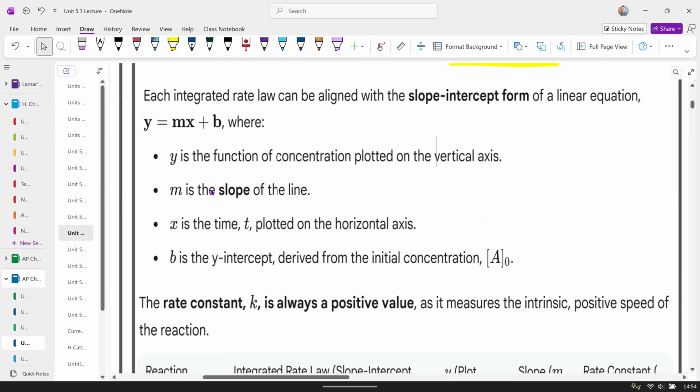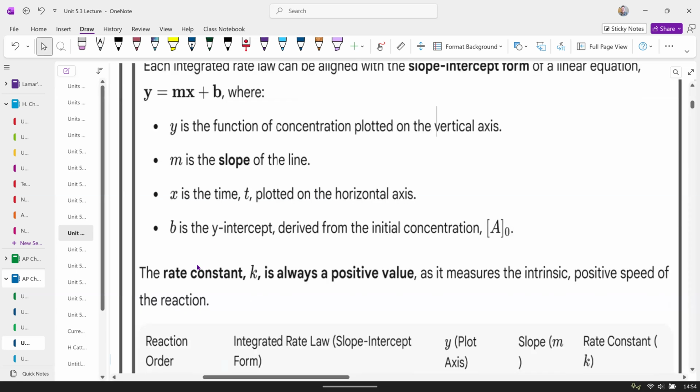We talked about the value of m being k, and we can determine the value of the rate proportionality constant as being the positive value of the slope. And then we have x is the time and b is the y-intercept.